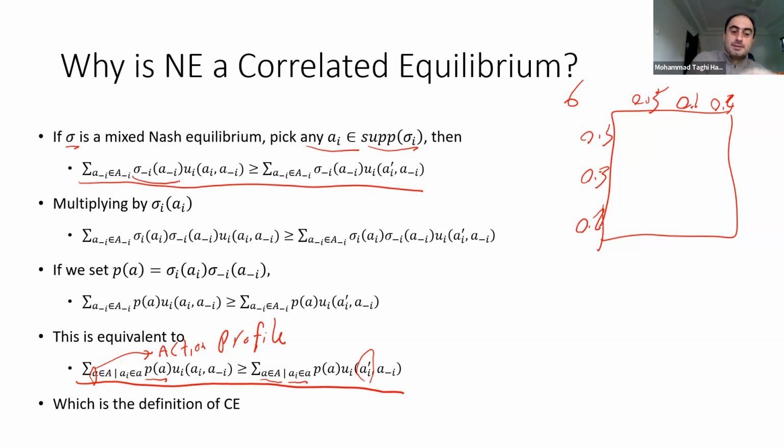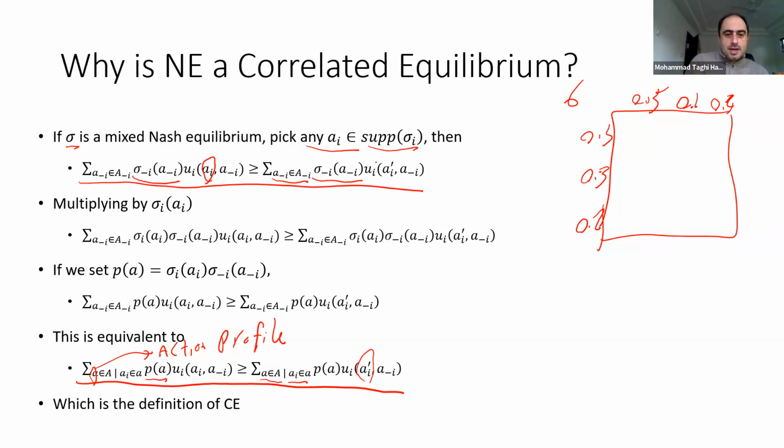This is the probability that this happens. And then in this case, if u_i is taking the action a_i, that should be greater than or equal to exactly the same sum, over all actions of others, with the probability of others.